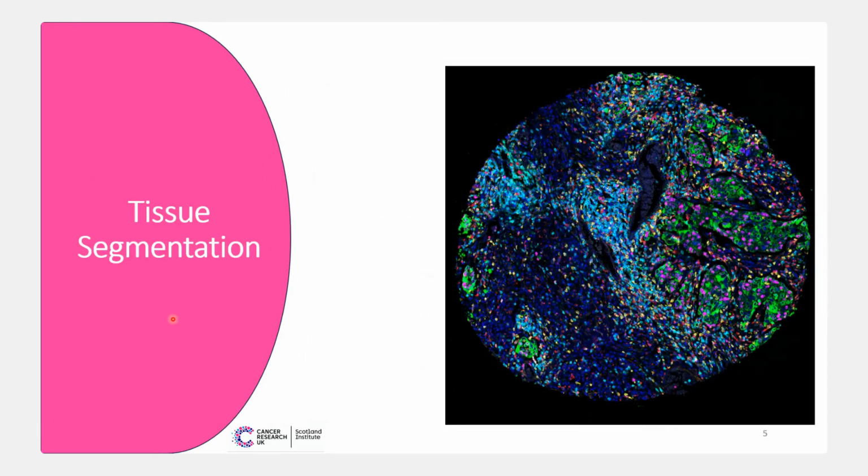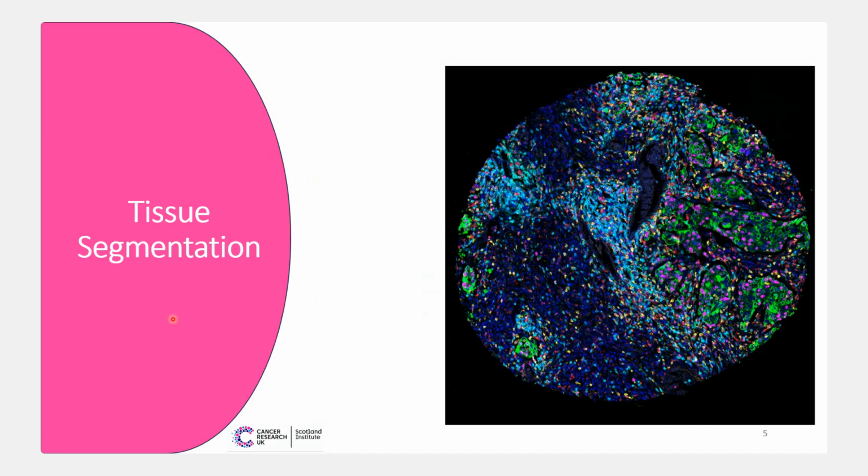So we have many tissue segmentation algorithms. We've developed loads based on the tissues and the projects that we're working on. So we've got tissue segmentation algorithms for pancreas, kidney, lung, liver, you name it. We've most likely got a tissue segmentation algorithm trained to segment the tissue.